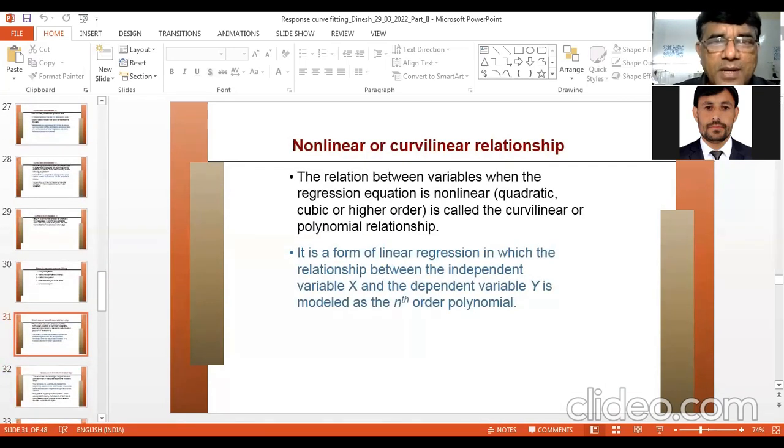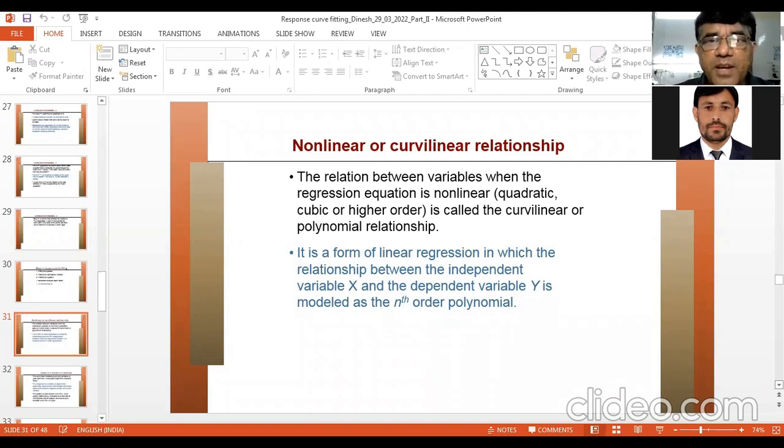Now we go to another kind of relationship, non-linear or curvilinear relationship. Sometimes you get a linear relationship that is significant and sometimes it may not be significant. If it is non-significant, that does not mean there is no relationship between two variables. It can have some other kind of relationship.